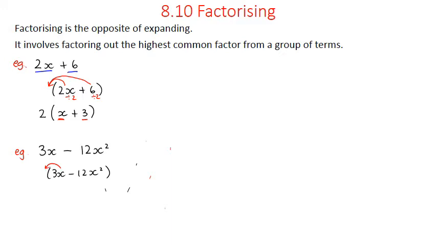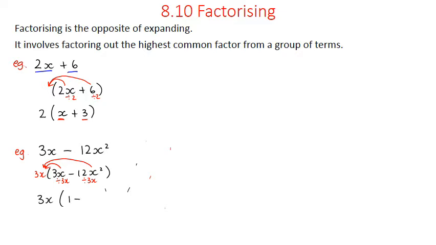So we're going to factor out 3x. So what you're going to do is divide everything inside the bracket by 3x. So if 3x comes out the front, 3x divided by 3x, any number divided by itself is 1.